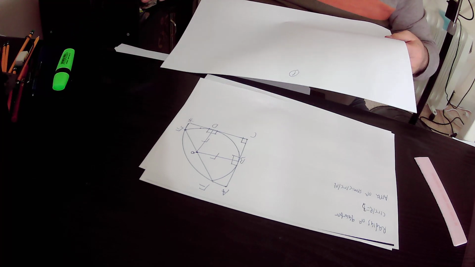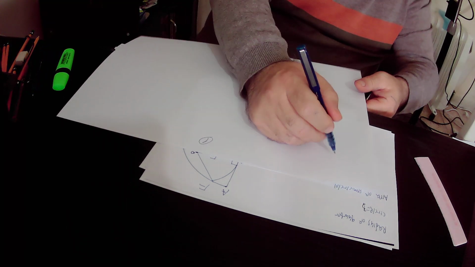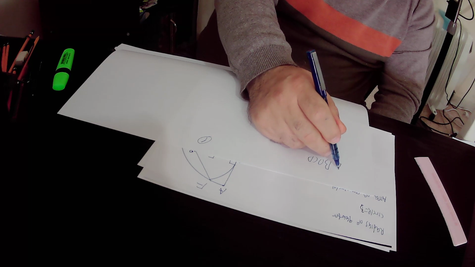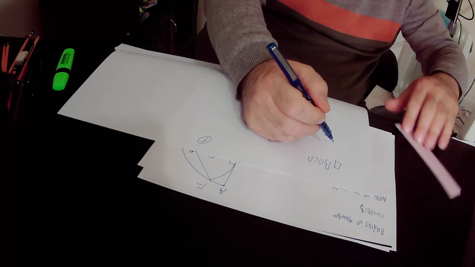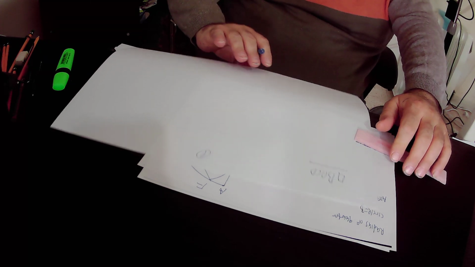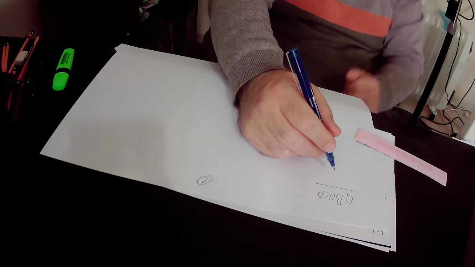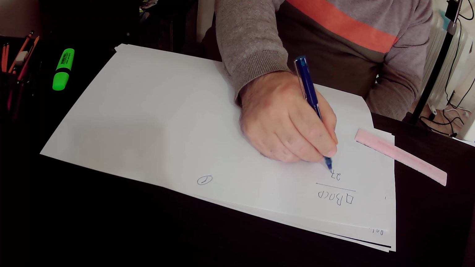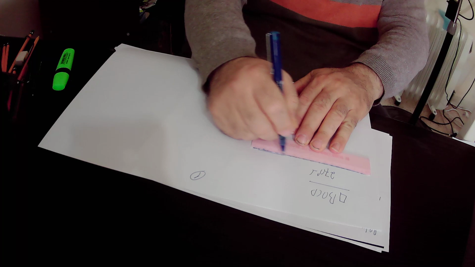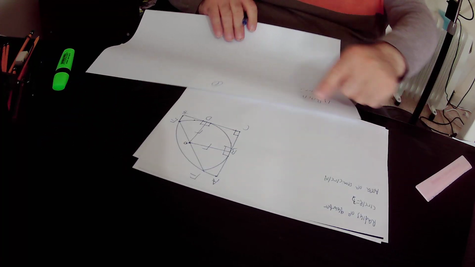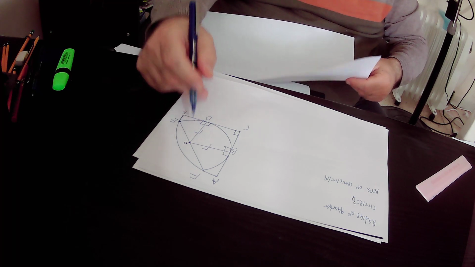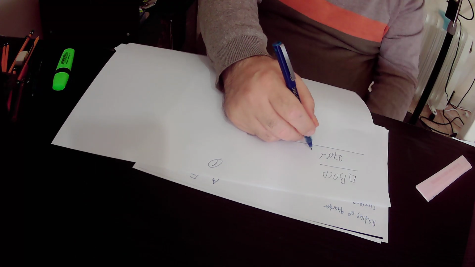We'll repeat again, in quadrilateral BOCD, we have 3 right angles. The sum of 3 right angles is 3 times 90, it is 270 degrees, plus the size of the 4th angle, that is actually angle BOD.